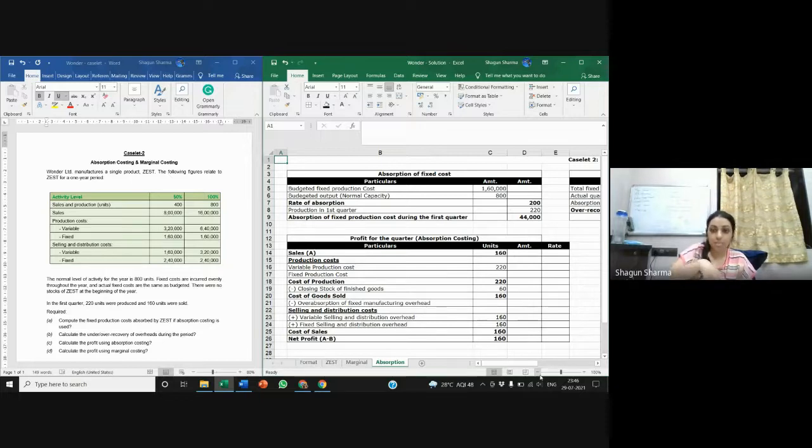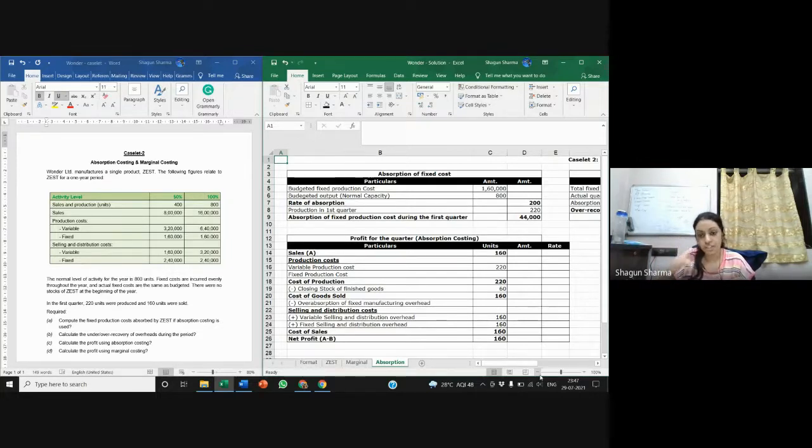When it comes to my selling costs, I'm already aware of the number of units that got sold. So this arbitrary estimate is taken only for my production costs. Selling is charged on actuals. Therefore, my selling costs, fixed and variable, are exactly the same as marginal costing. What changes is my cost of production.